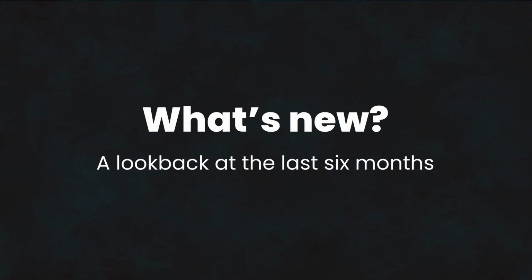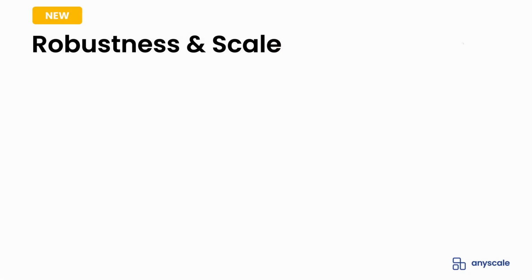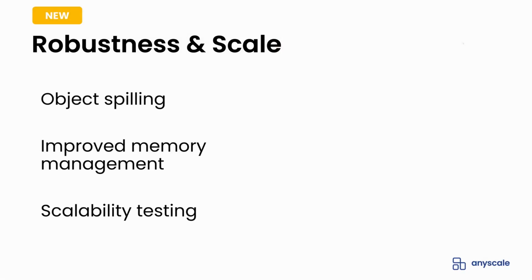Now I'm going to transition to saying a few words about some of the development that's happened over the past half year. Last Ray Summit, we released Ray 1.0 and announced an increased focus on maturity and stability. Since then, there's been a huge effort on improving robustness and scalability, ranging from object spilling, that is handling the scenario where your data is way larger than your memory, to improved memory management, and significant scalability testing and benchmarking.